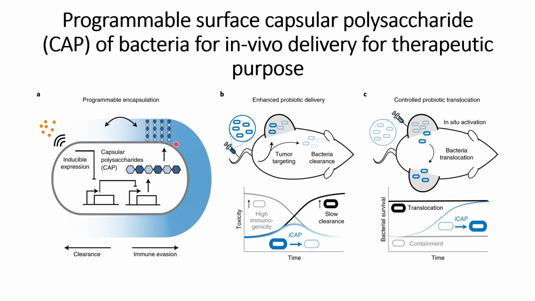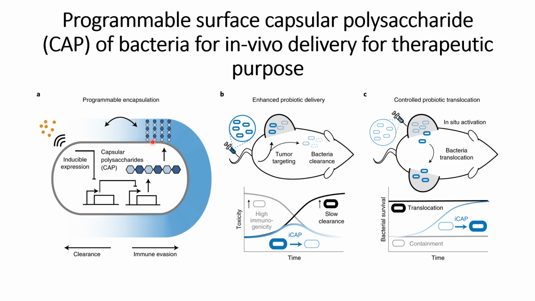So what the researchers did is they modified or designed a synthetic cap that can be controlled in a way to either help in the immune evasion, or once their job is done, they can be degraded by reducing the cap thickness.